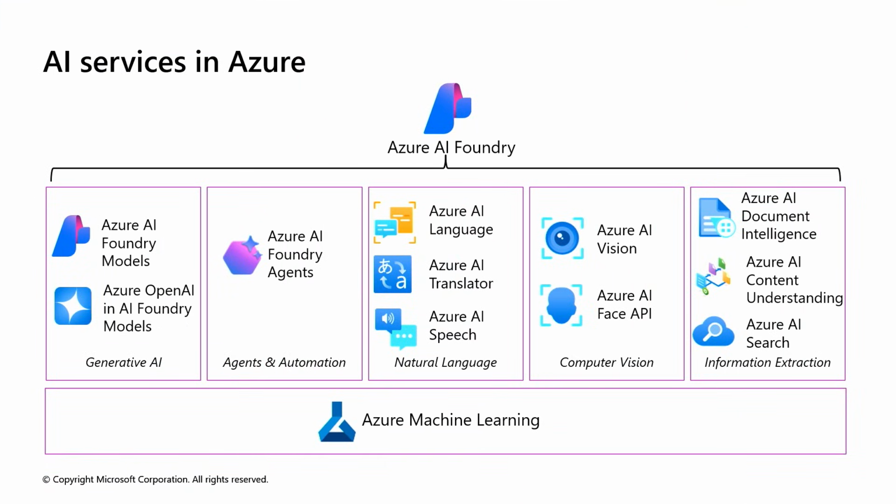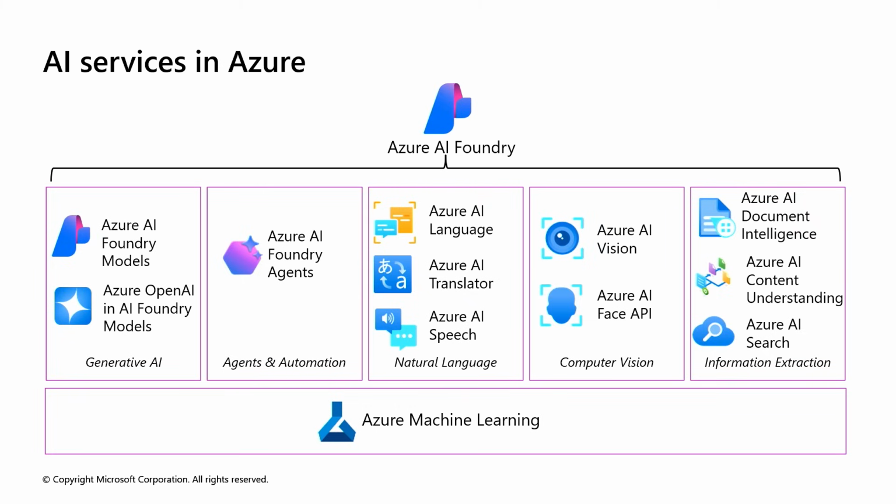Now, let's look at Azure AI Foundry, the overall AI development platform on Azure. Think of it as your toolbox for creating AI solutions. It includes multiple services organized into the AI workloads we discussed earlier. But here is the interesting part. Many services span multiple workloads.